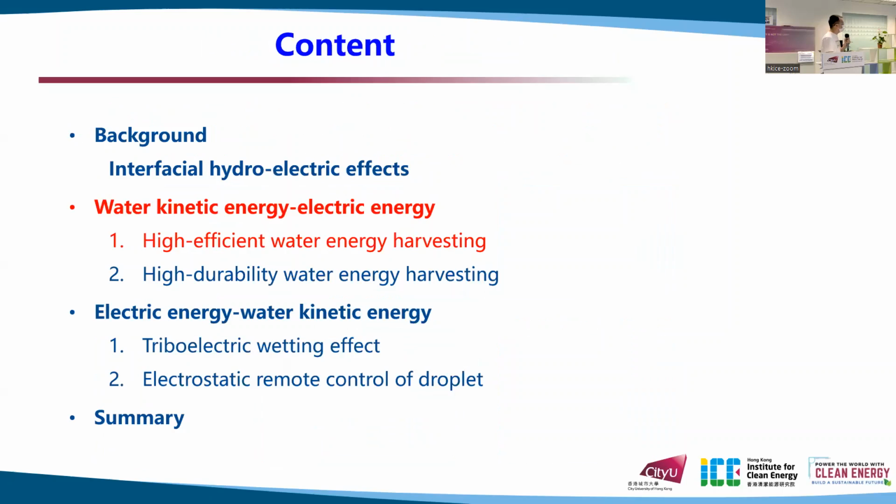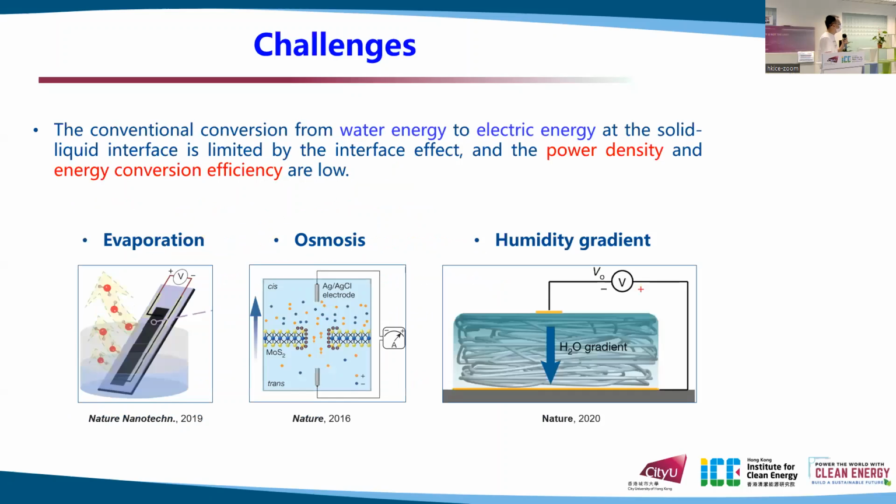And let's move forward to the second part, the conversion from water kinetic energy to electric energy. That is water energy harvesting. The current techniques can harvest water energy from water evaporation, osmosis, and even humidity gradients.